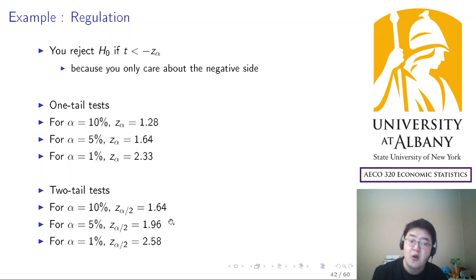So, for example, minus 1.5 is not too small in this sense, but it is too small in this sense. So there are more rejections on the lower tail when you use one-tail tests. The idea is again, you are rejecting the whole 10% only on the lower tail. But in two-tail tests, your 10% is split between the bottom tail and the top tail. So if you just look at one side, one-tail tests reject more outcomes from one tail.